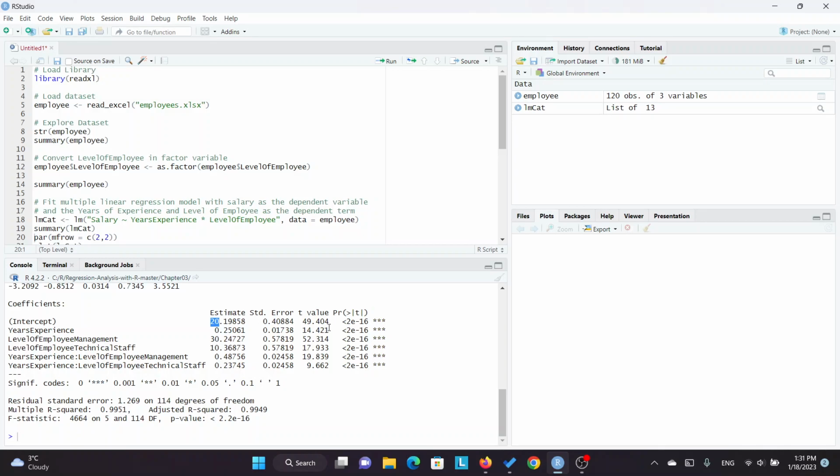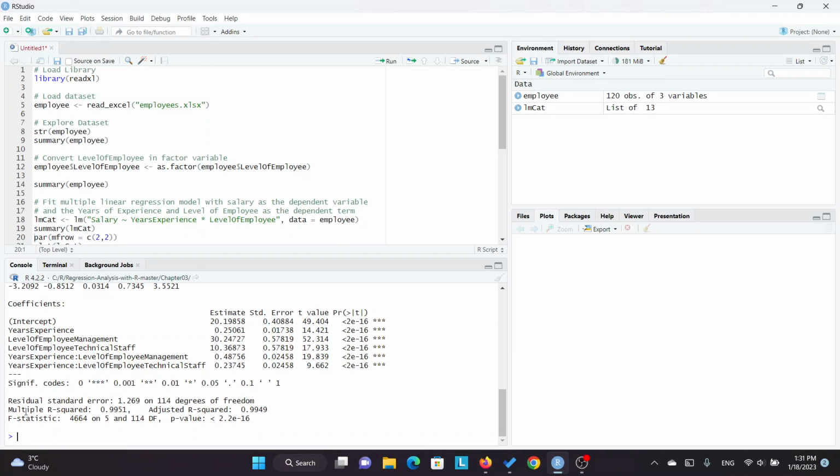As you can see, the p-value for all of the variables is less than 0.05. All of the terms, the slopes and the intercept, are less than 0.05, so we can say that all of them are significant in our model.